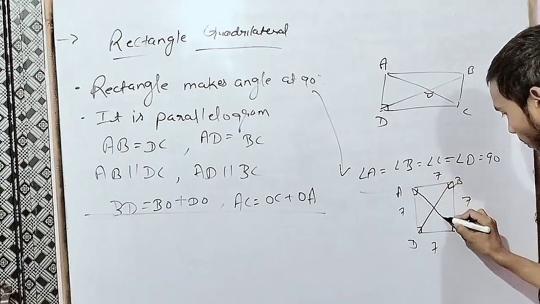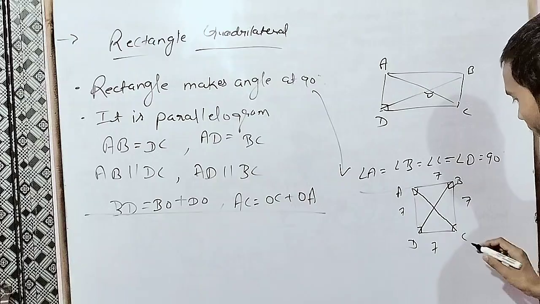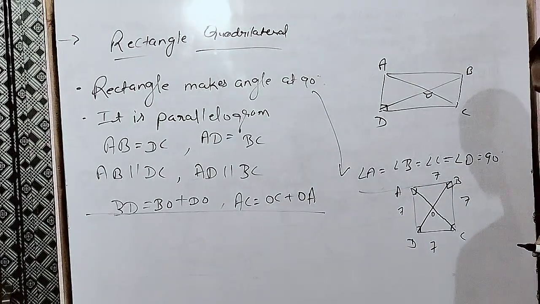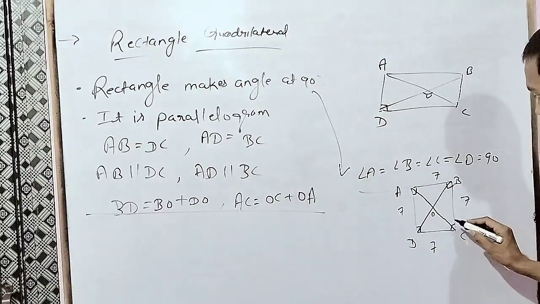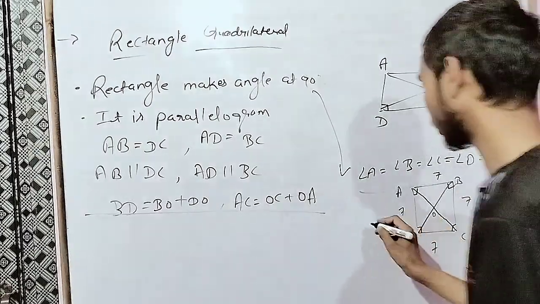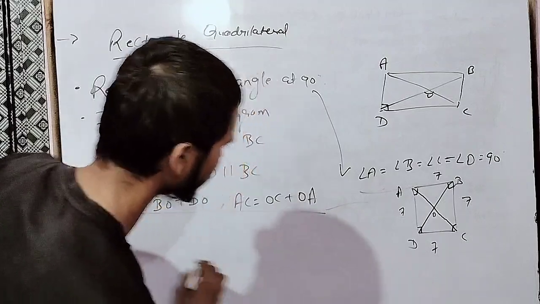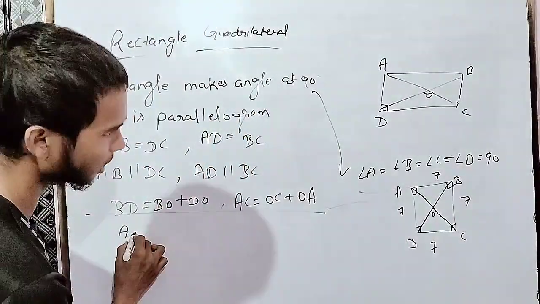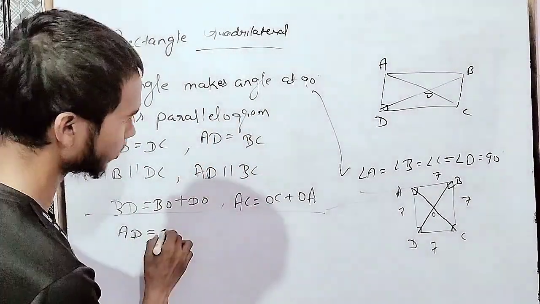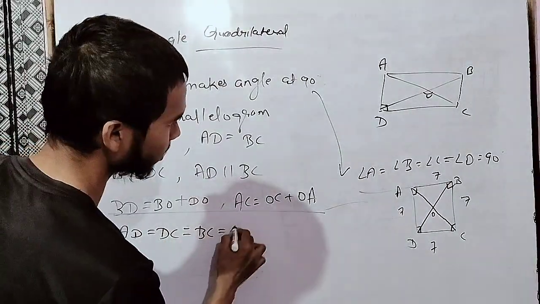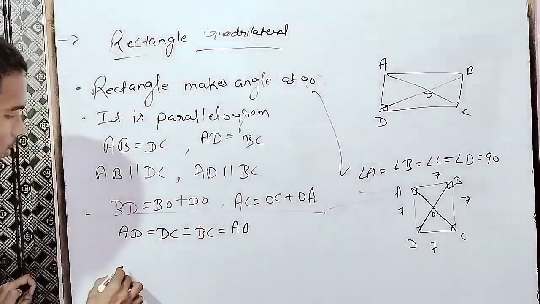A square has two diagonals intersecting at O. Here we can write AD equal to AB, BC, CD.